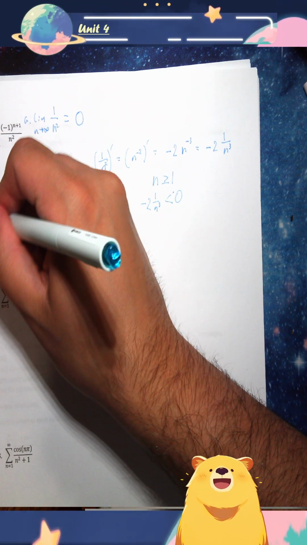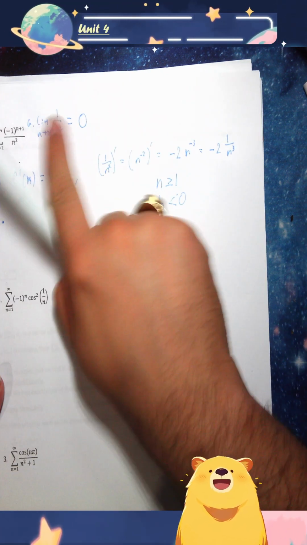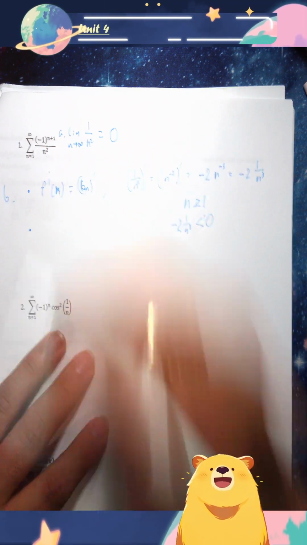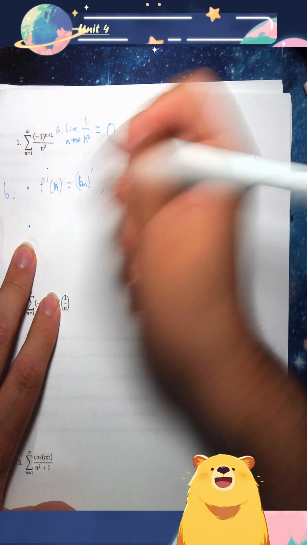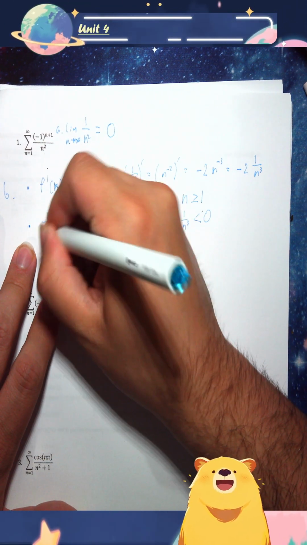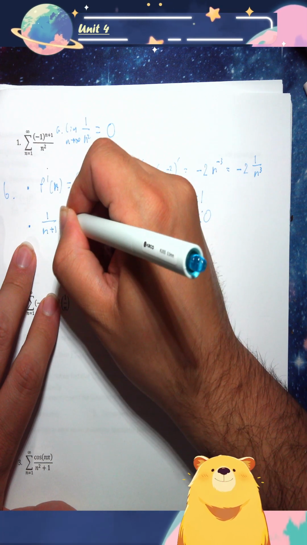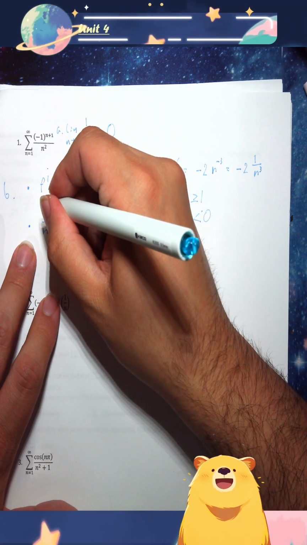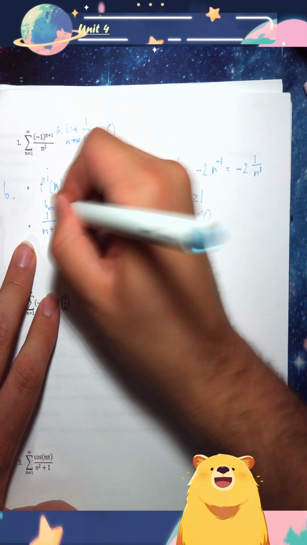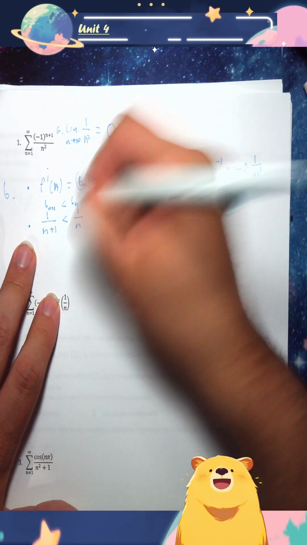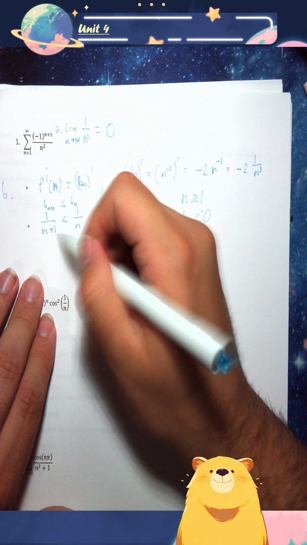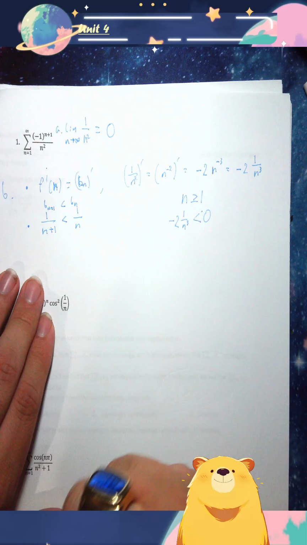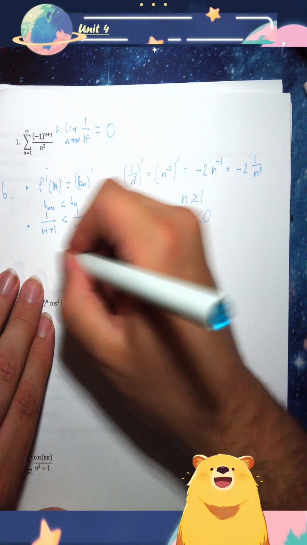Another thing you could have done is use a comparison. We're trying to show that 1 over n plus 1 is less than 1 over n, because technically you're showing that b n plus 1 is less than bn. You set it up here, and then you can play with the inequality. Here, you'd probably just cross multiply.